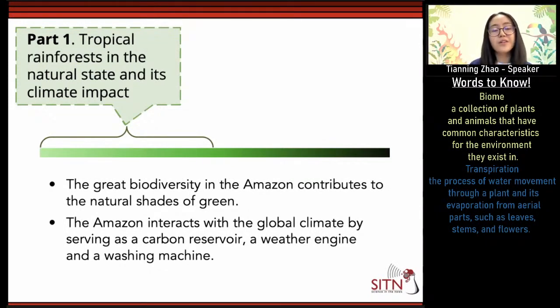And we also know that the Amazon interacts with the global climate by serving as a carbon reservoir, a weather engine, as well as a washing machine. So we know that it can do all kinds of magic. I will just wrap up here for the first part and answer any questions you have before we move on to the shifting caused by deforestation.